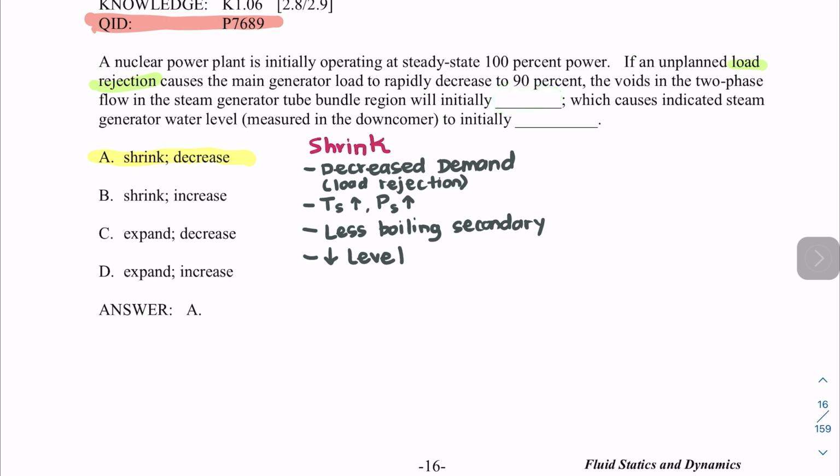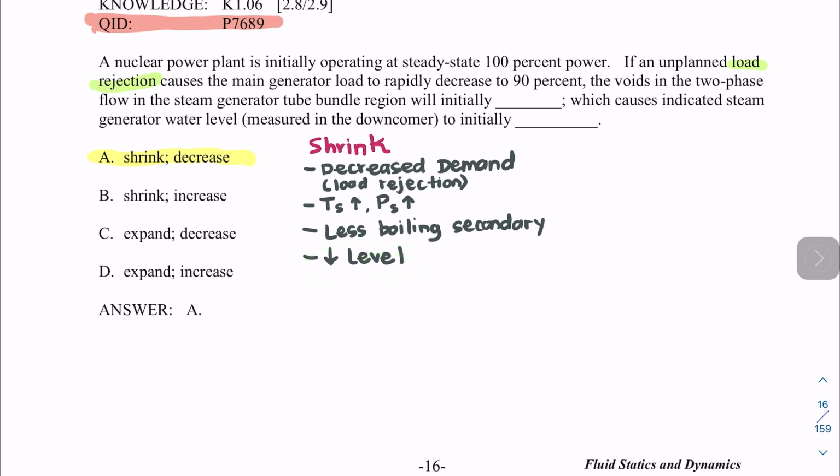That causes the indicated steam generator water level to... So if we have a decreased demand, we are decreasing the steam generator water level, right? It's going to initially decrease.